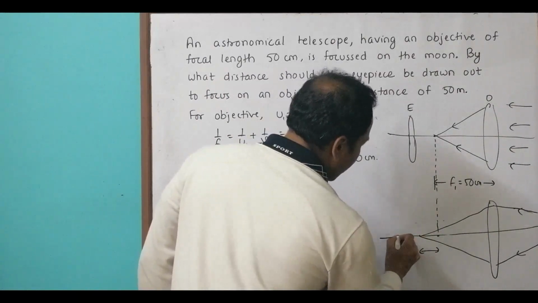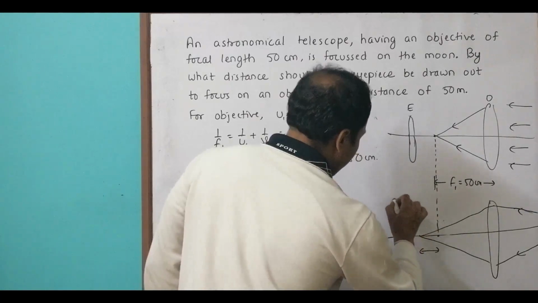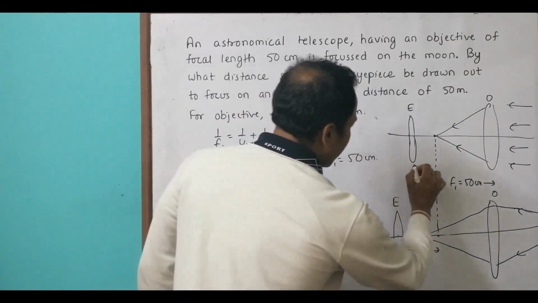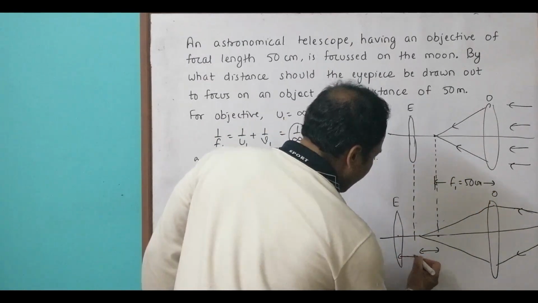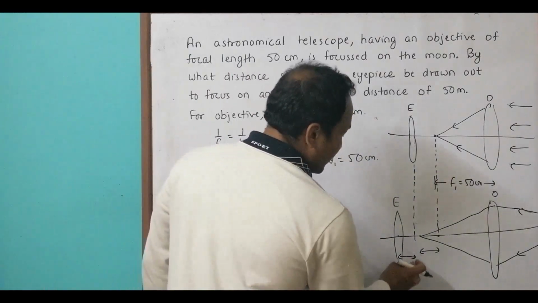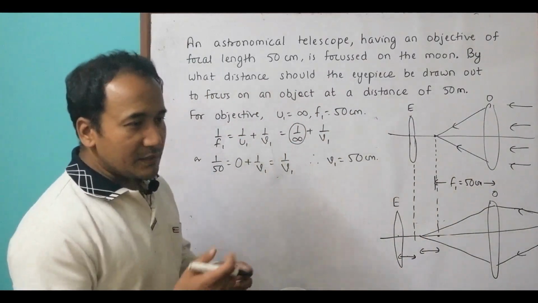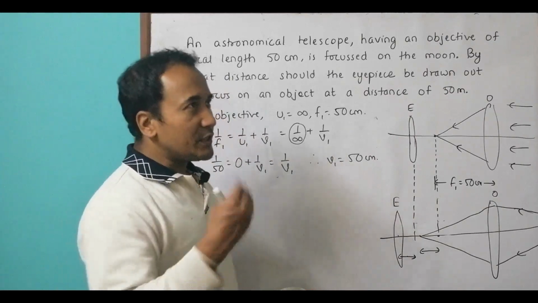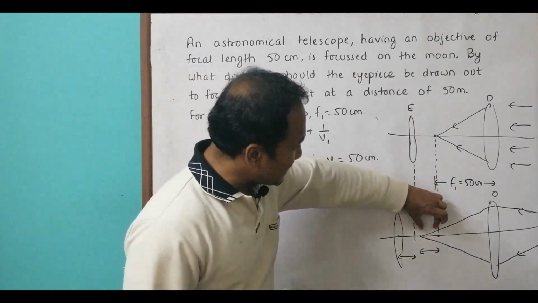The lens will be somewhere here now; this is the eyepiece lens, and the objective is here. This shift in the position of the eyepiece is what we have to find, and it is the same as the shift in the first image. So if I find this, I can find this.